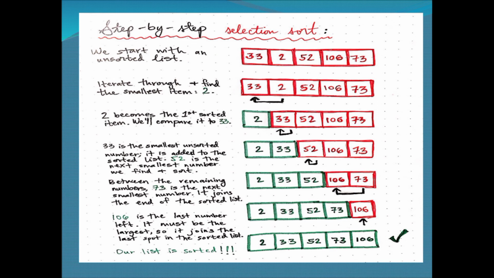First we start with an unsorted list, that is every time you start with an unsorted list only, and then iteratively find the smallest element in the list and then perform the swap. Again find the smallest element and swap it with the next position element. Like that I will perform the step iteratively and repeatedly until my list is sorted.